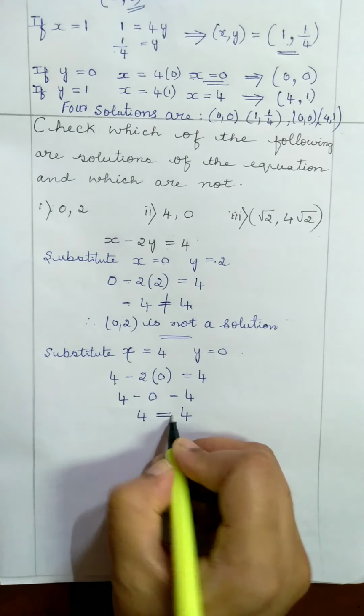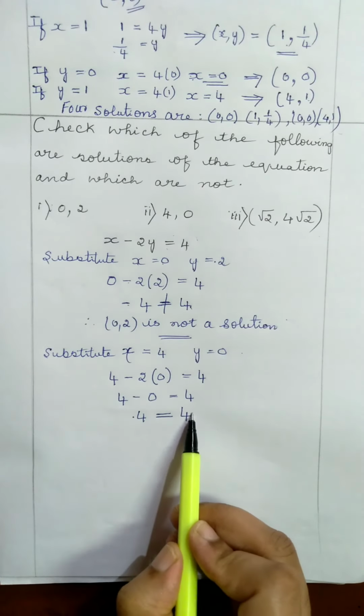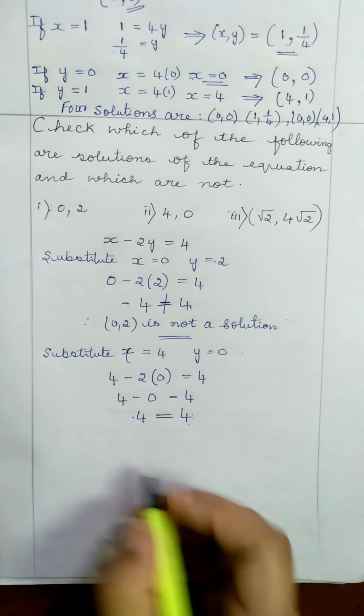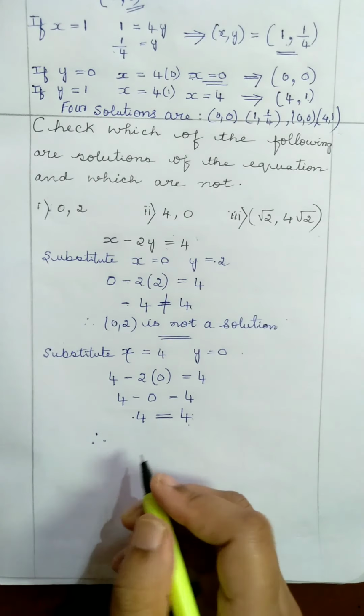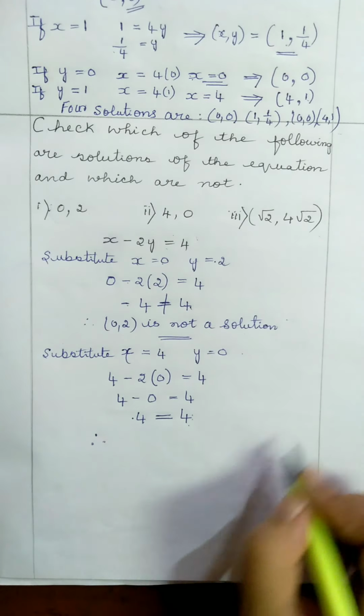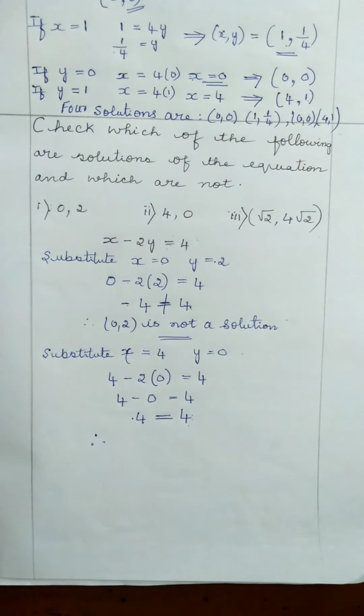Therefore, we got LHS and RHS the same value. Therefore, we can say that (4, 0) is a solution to this equation because on both sides, LHS and RHS, we got the same value. Therefore, (4, 0) is a solution.